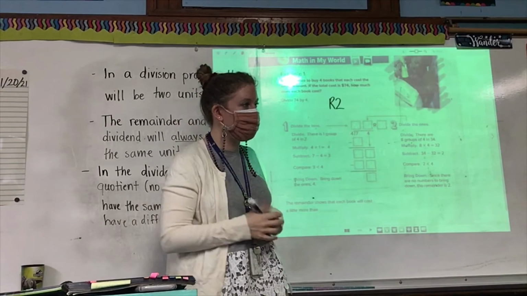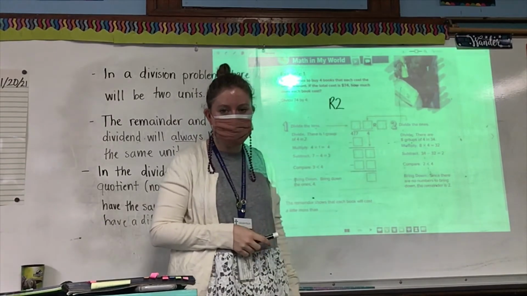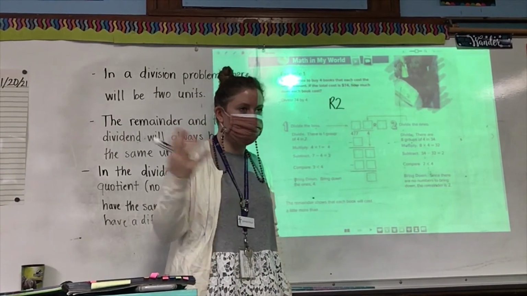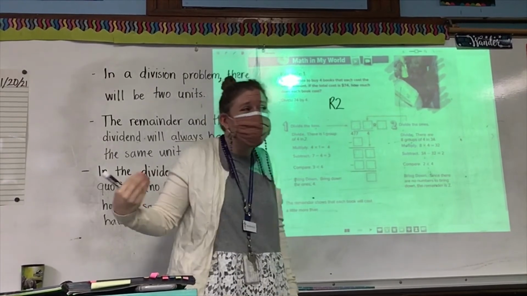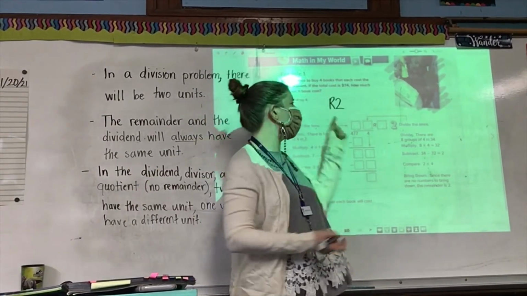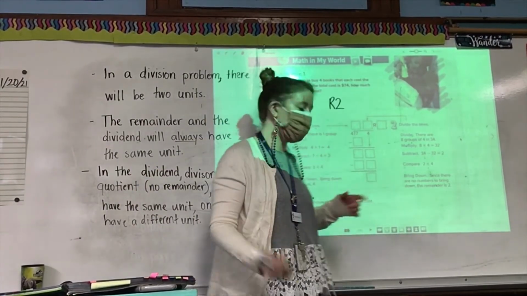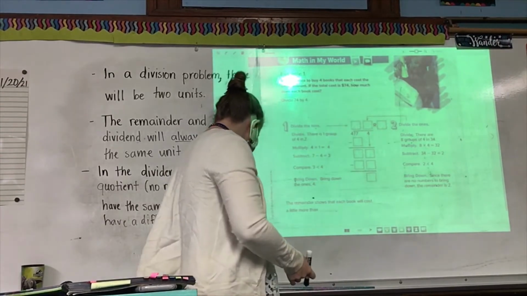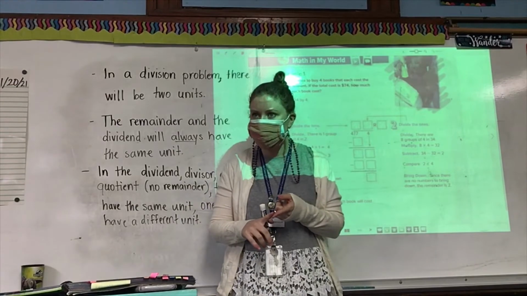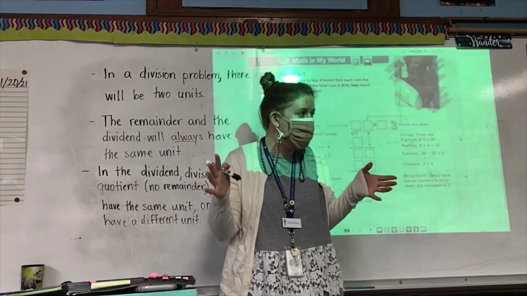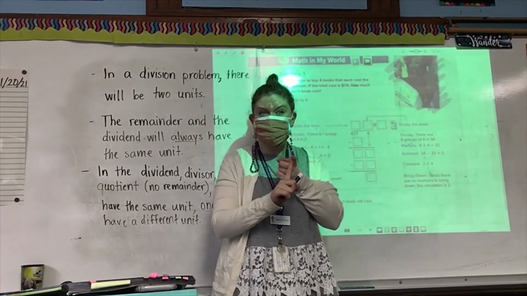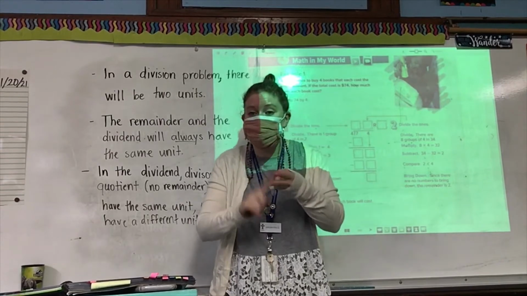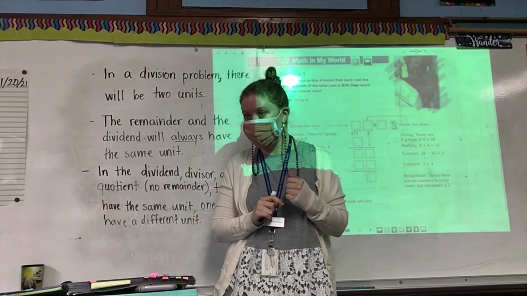If I went somewhere and said, hey, can I have R2 coins, or can I have R2 apples? They'll be like, what? What kind of number has R in it? No number. So in order to answer these division word problems, you have to figure out what does the quotient mean? What question does the quotient answer? What question does the remainder answer?